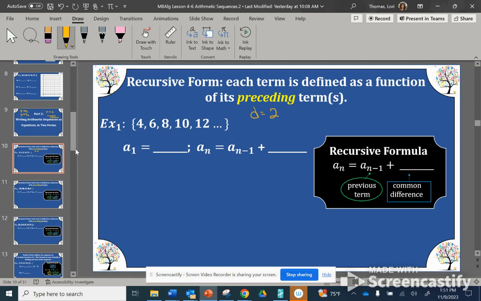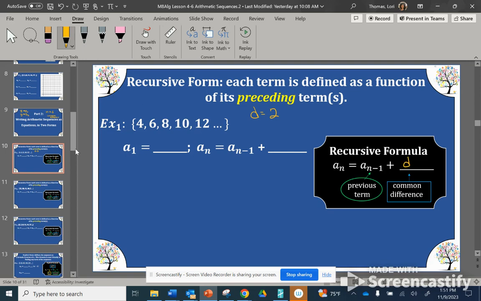The recursive form or formula simply tells us what the common difference is. Each term is defined as a function of its preceding term. So in this blank will be our common difference.